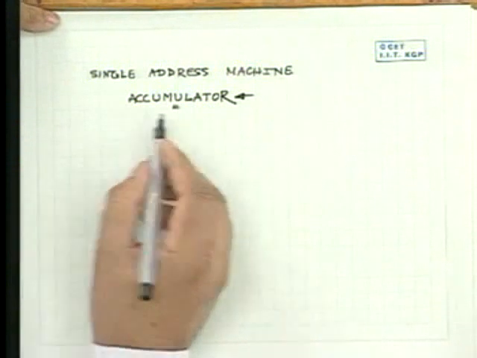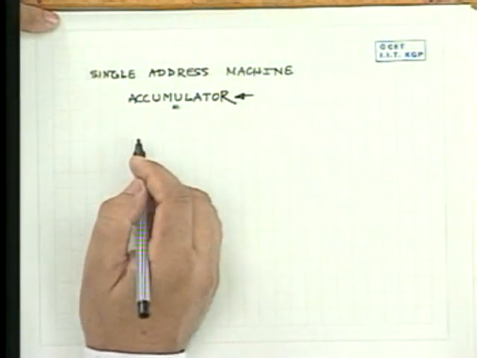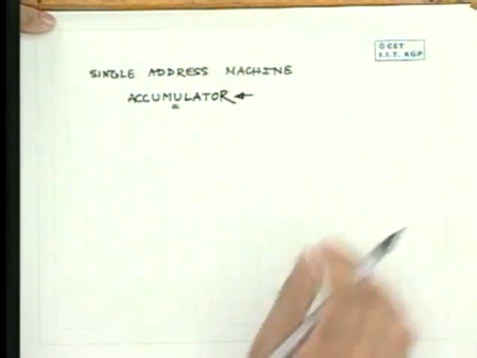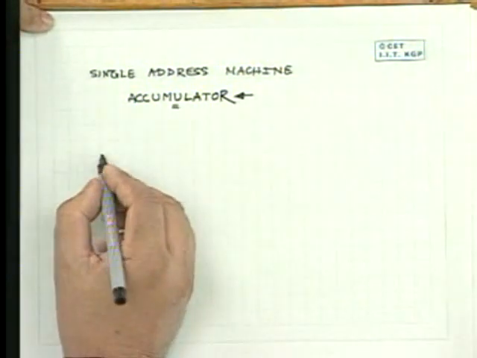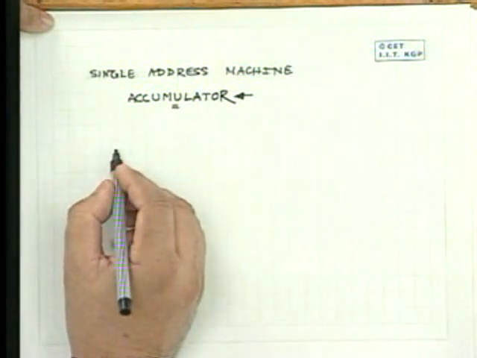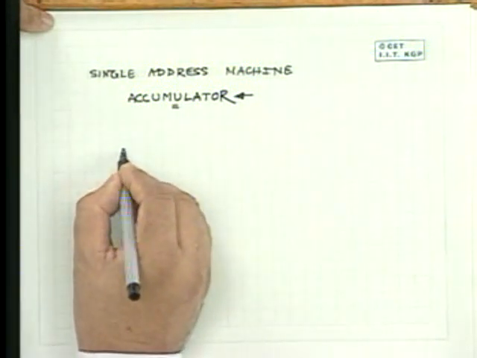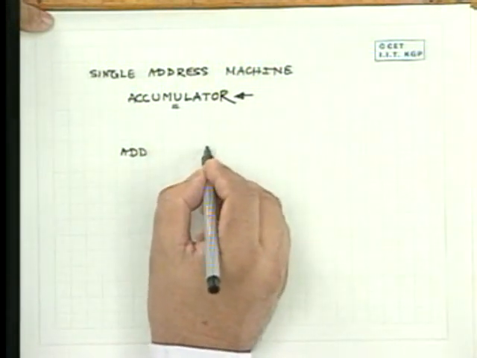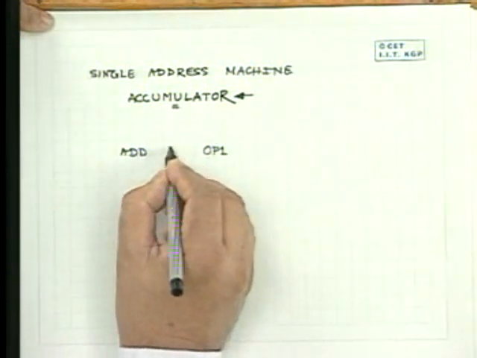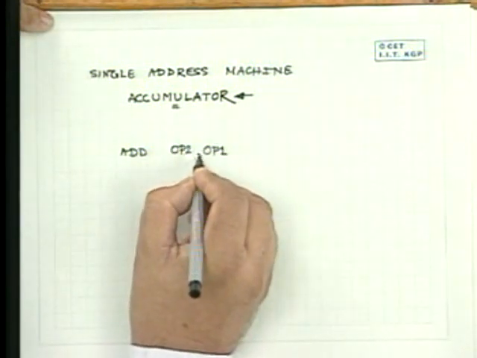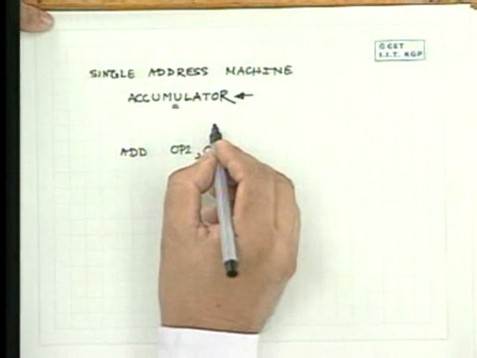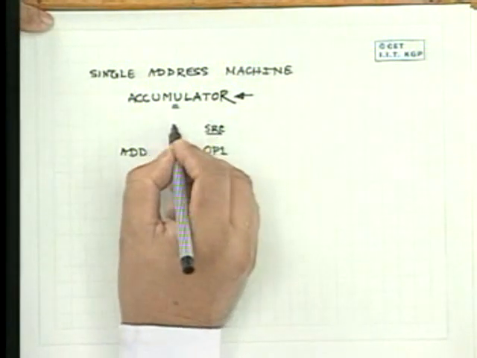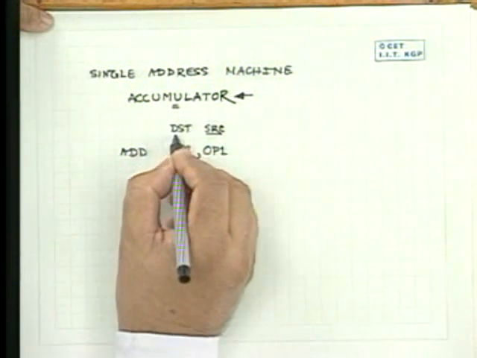There may be two operand or two address machines, there may be three address machines also. In the case of a two address machine, the instructions may be of the form, just as an example, say add, then operand 1 and operand 2. This we generally call the source, and this we call the destination.